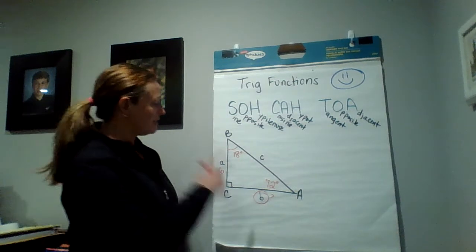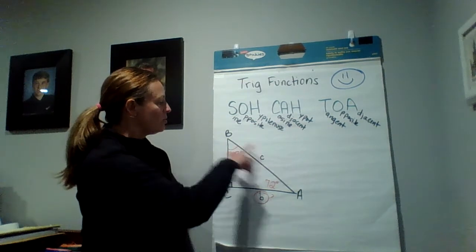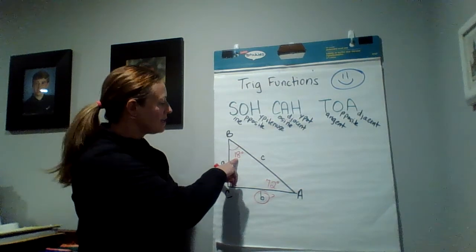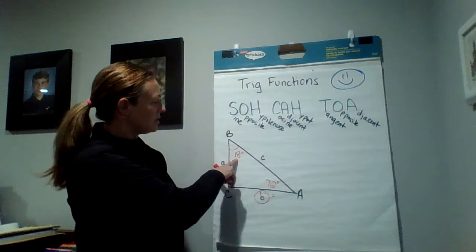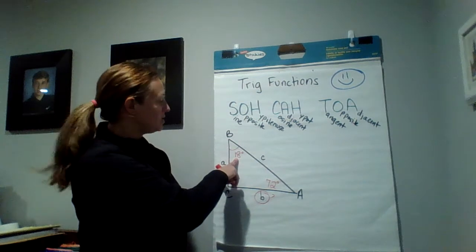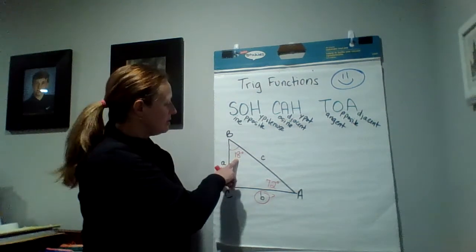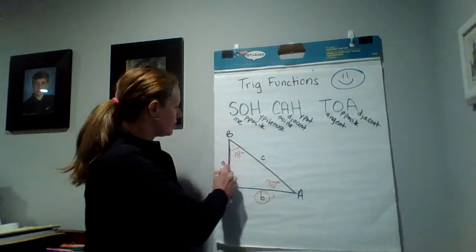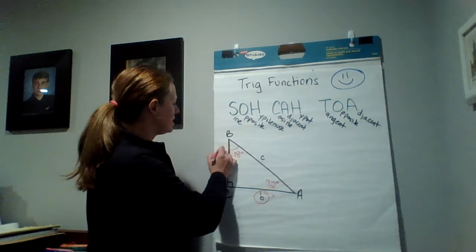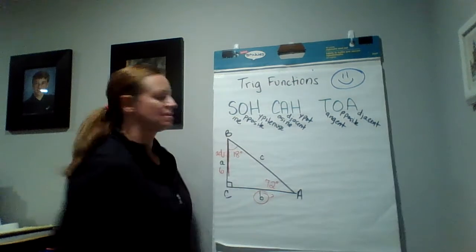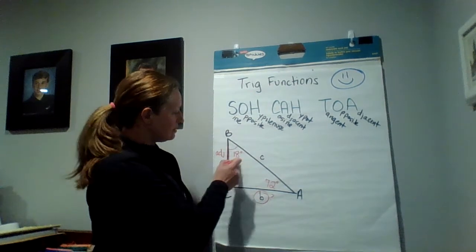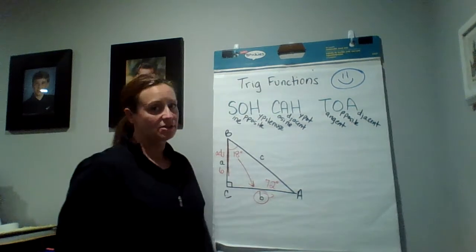But if we want to find the measure of side B, we're going to focus on the angle that was given, 18, and we're going to ask ourselves, what parts do we know in relationship to that angle? We know the side that is going right into that angle, so we know the adjacent side is 6. And then this side is not the hypotenuse of the triangle.